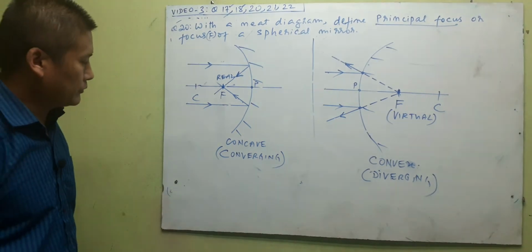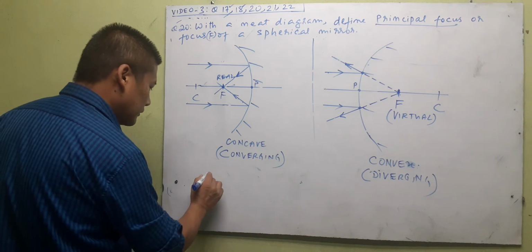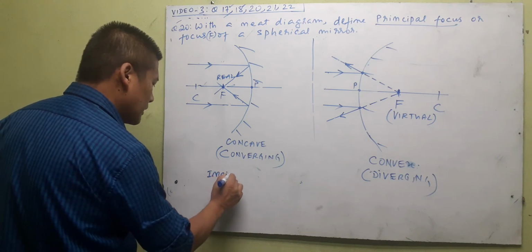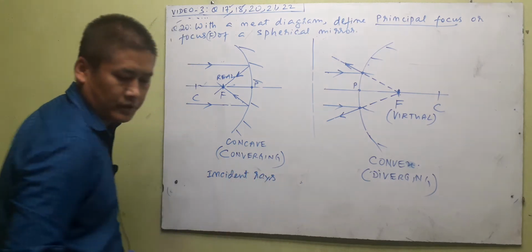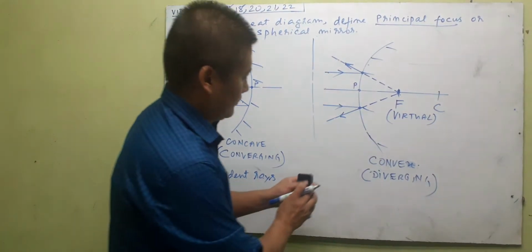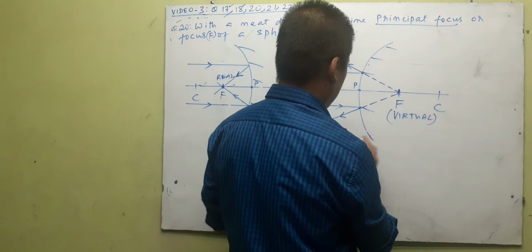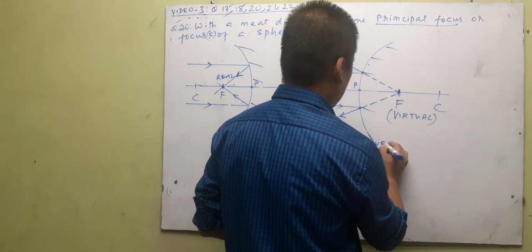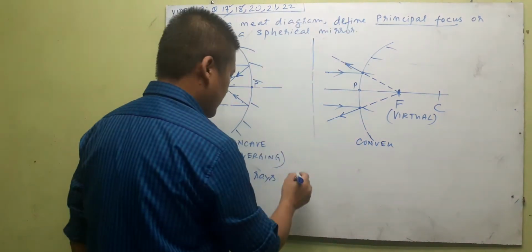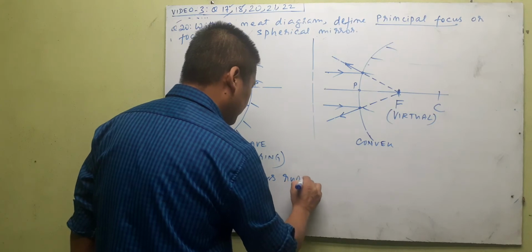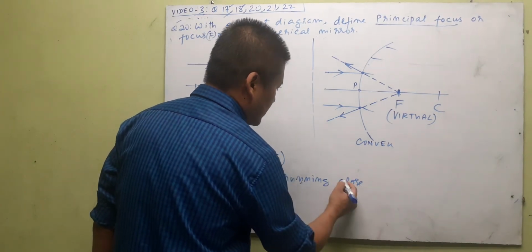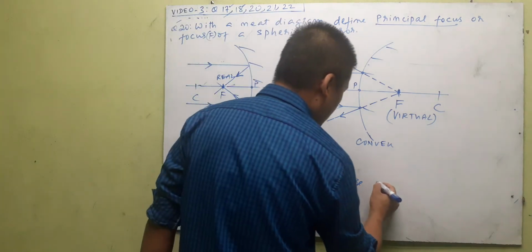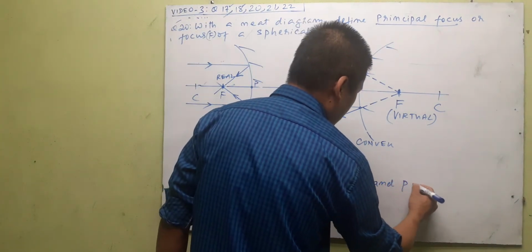So we can write it down here. Follow me. Incident rays. Okay, incident rays. Let me just write this a little bit above. This is convex. Okay, so incident rays running close, close means nearby, and parallel.